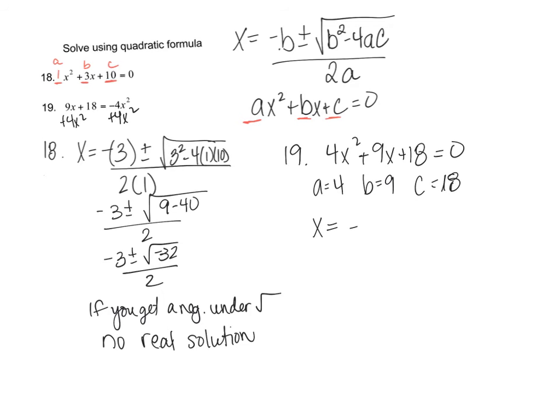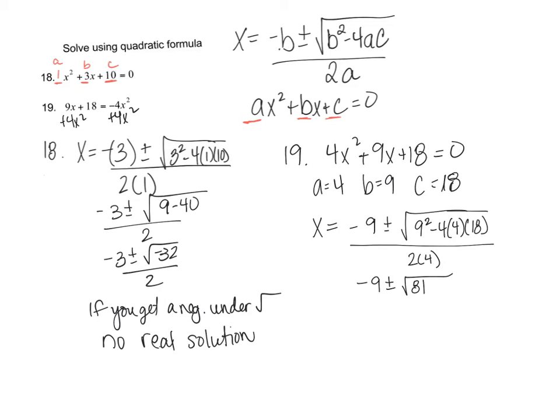X equals negative 9, negative b, plus or minus the square root of 9 squared minus 4 times 4 times 18, all divided by 2 times 4. So negative 9 plus or minus the square root of 81, and 18 times 16 is 288.